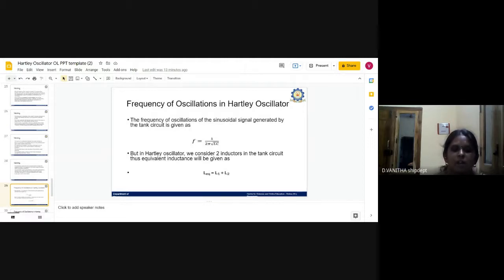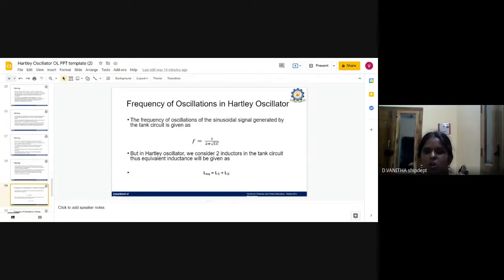Here, the frequency of oscillations is expressed by the sinusoidal signal generated by the tank circuit. Here, the frequency of oscillations f is equal to 1 by 2π root of L into C. L is the inductance of the coil, C is the capacitance.